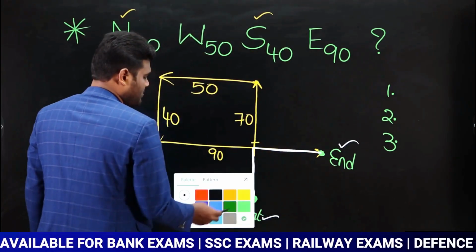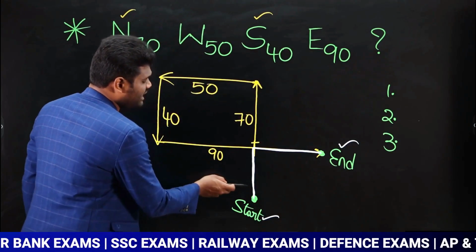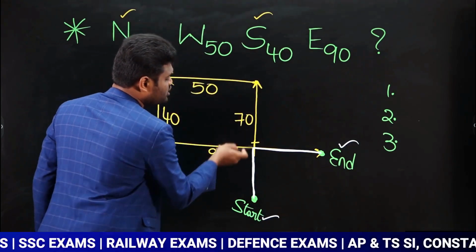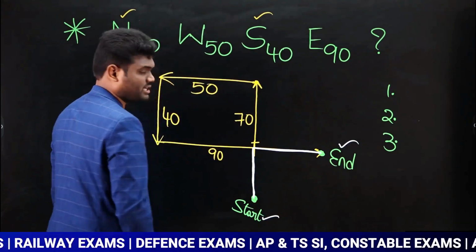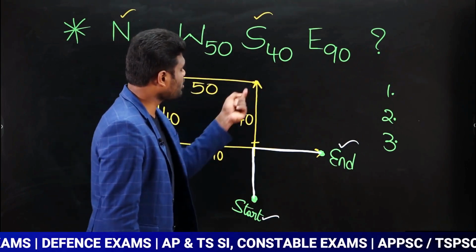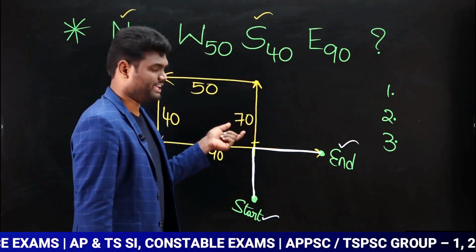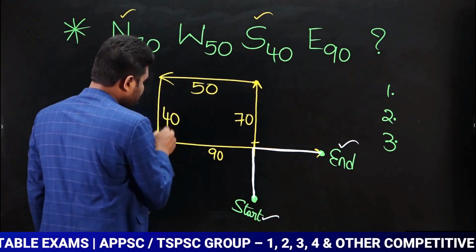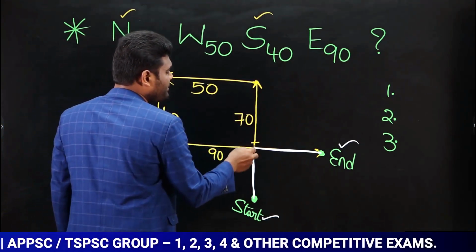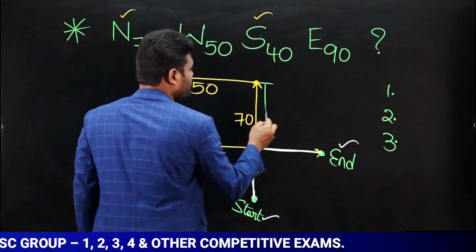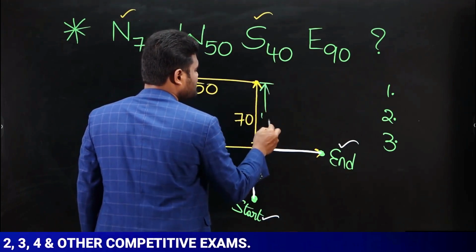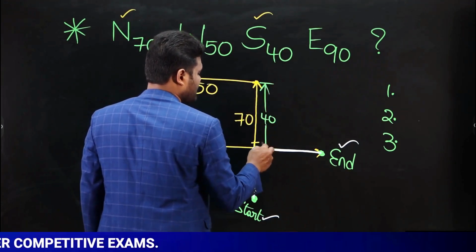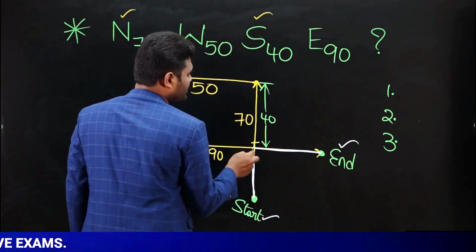Now observe carefully. Actually here to here, this total is 70 meters. Yes or no? Out of 70, this is 40. If this is 40, even this should be 40. From here to here, this is 40.